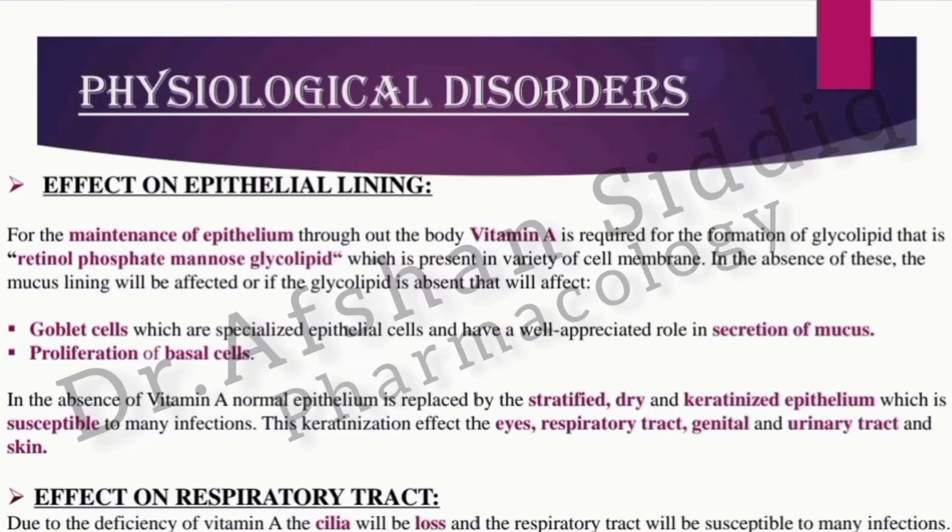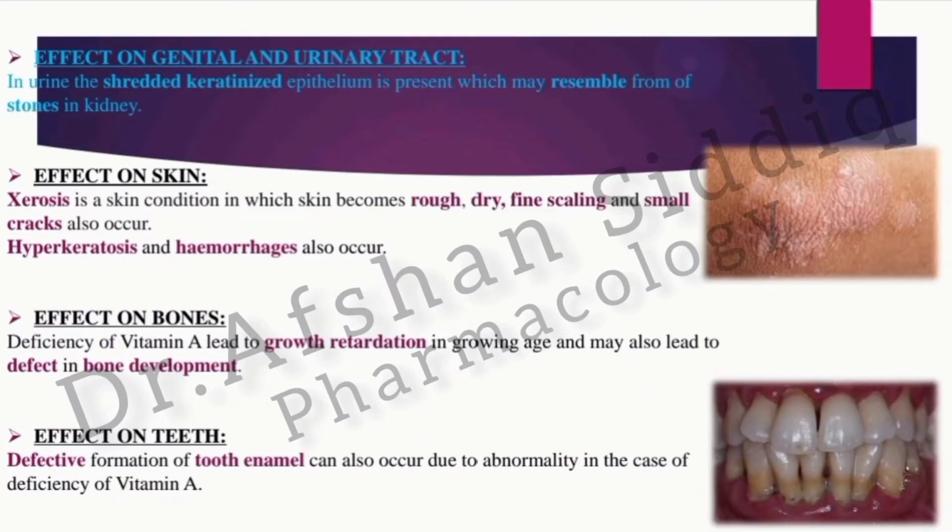Now this epithelium is susceptible to infections. Keratinization can affect the eye, respiratory tract, genital or urinary tract, as well as the skin. That is the reason for acne vulgaris too.